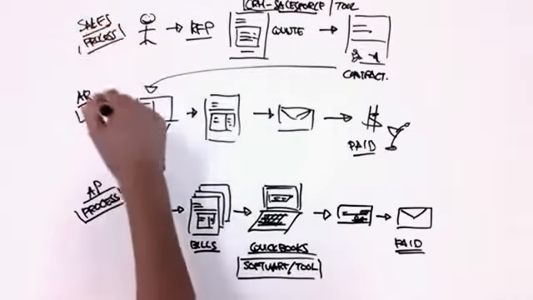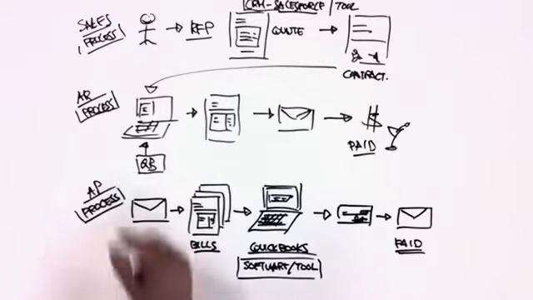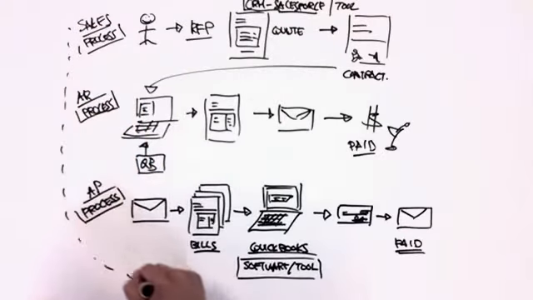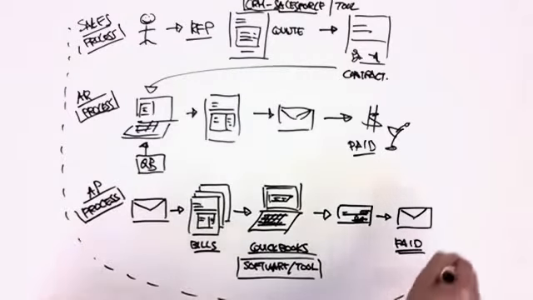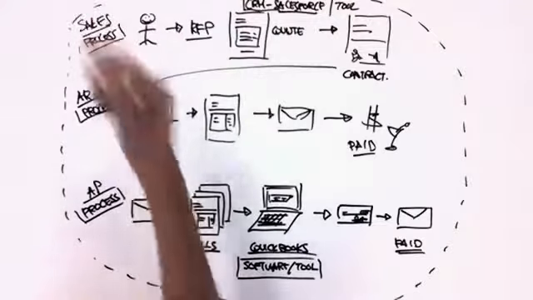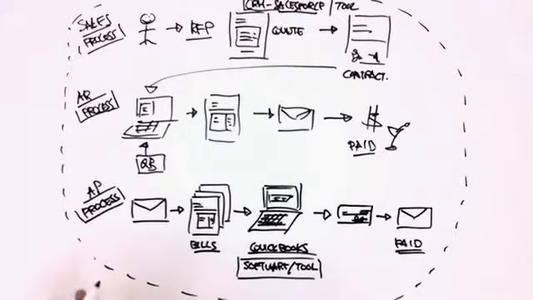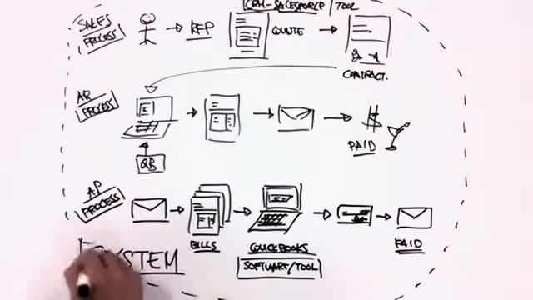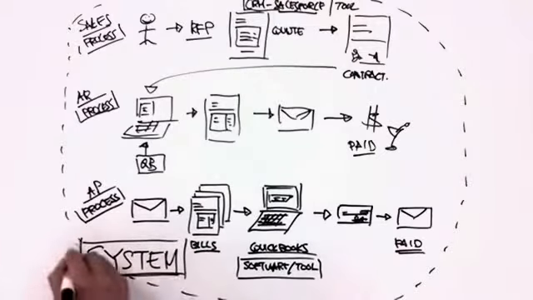And then each of these are processes that we go through. Now, if we look at all of these as a whole, this whole thing is a system. It's an accounting system, and it's a pretty well-designed system.